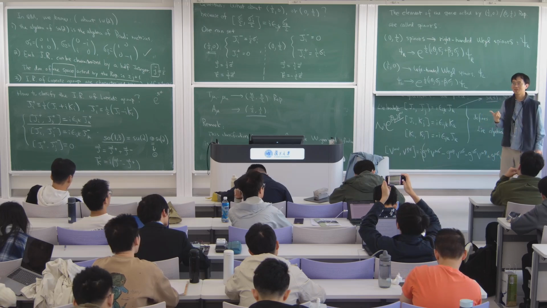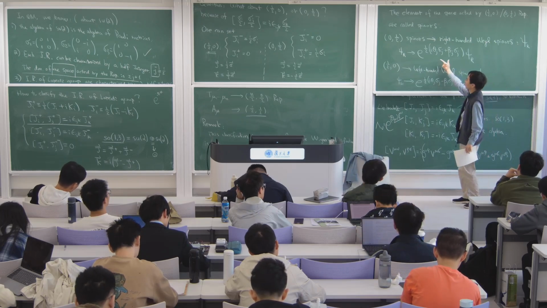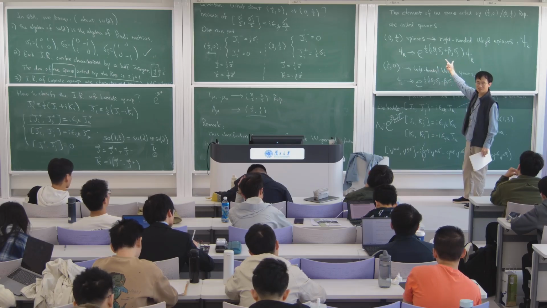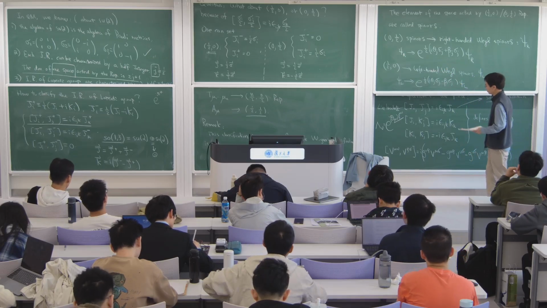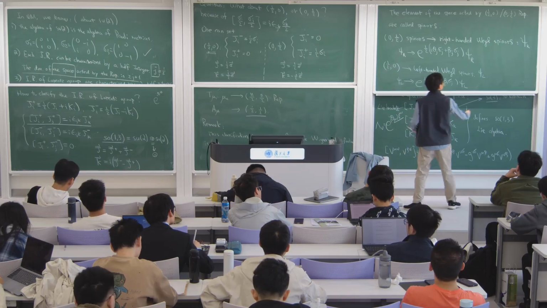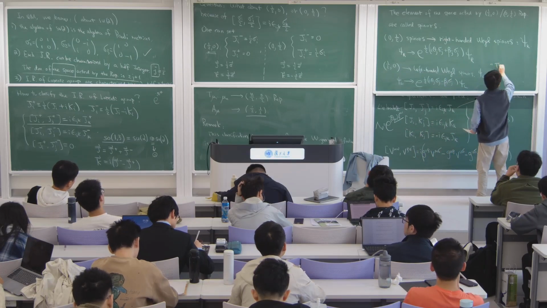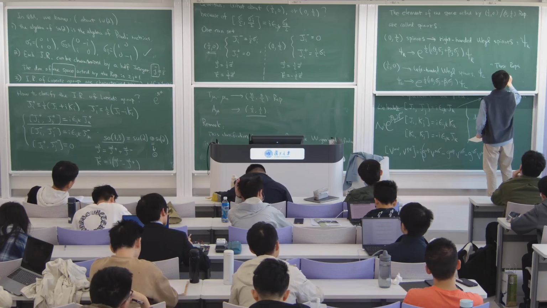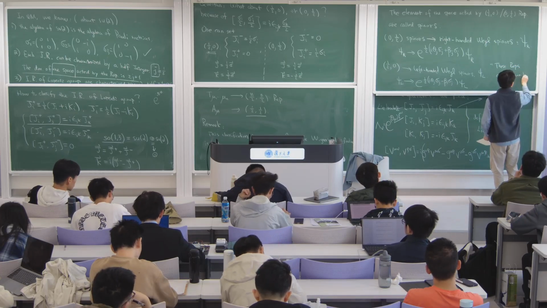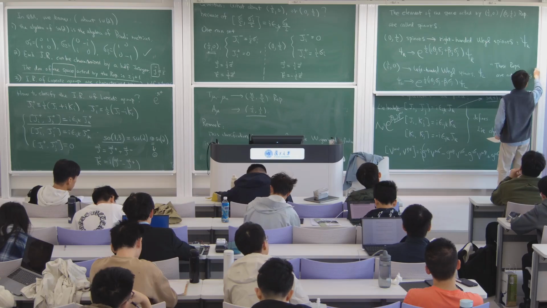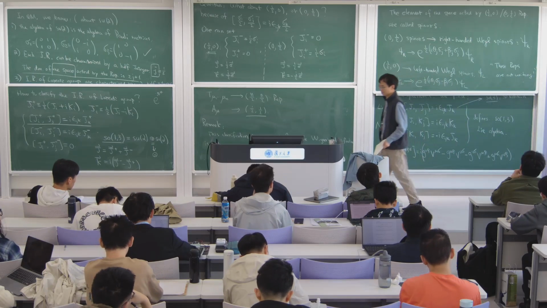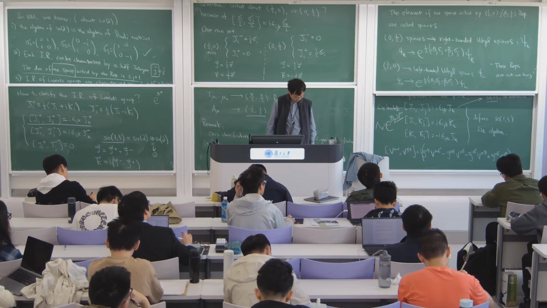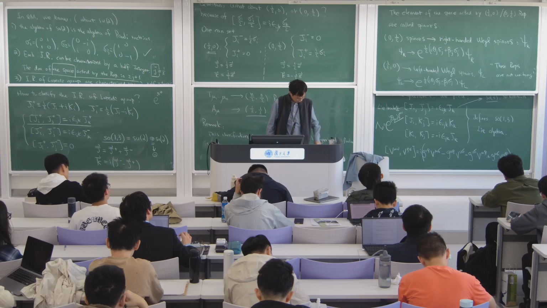So this representation is not unitary, but it's a good representation. It's just not unitary. So this distinguishes from Wigner's classification. It's just a mathematical classification, it's not physical.